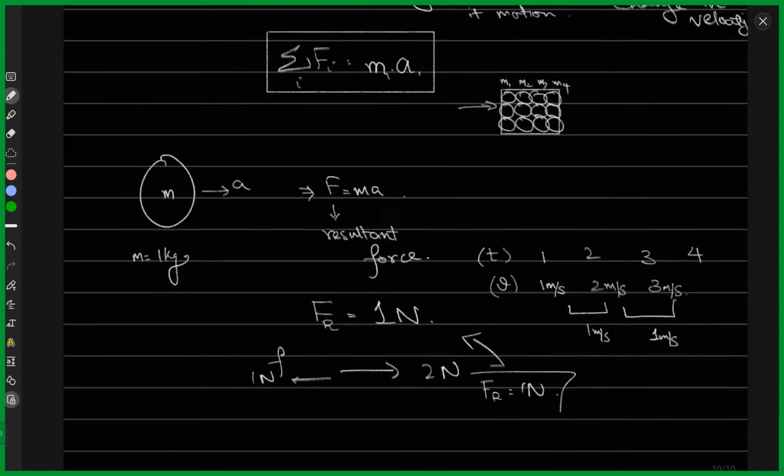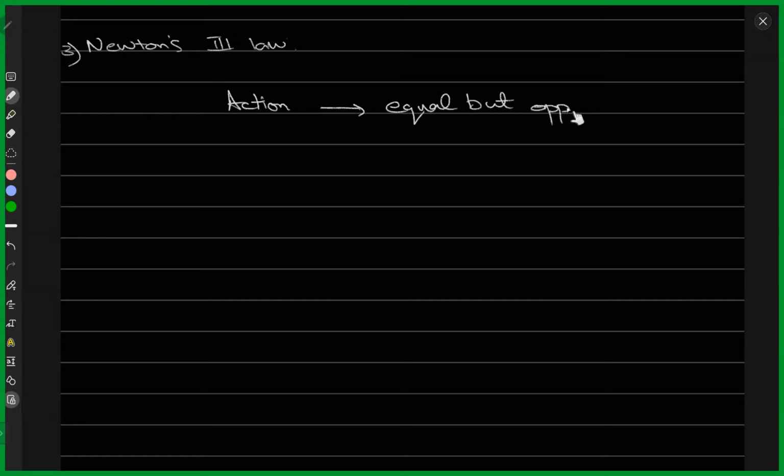And so this is Newton's second law, right? Now, let's finally end this summary with Newton's third law. We all know that Newton's third law of motion tells you that wherever there is some action happening, there happens an equal but opposite reaction, right?